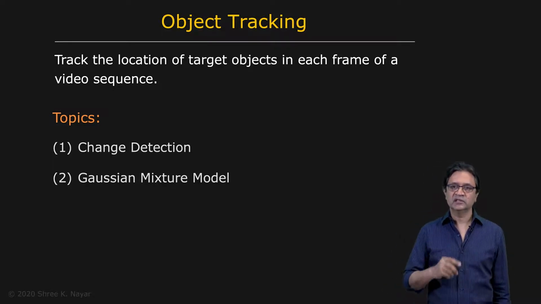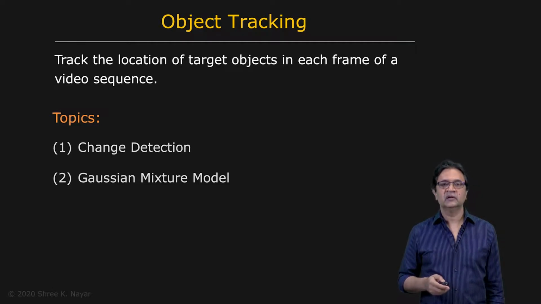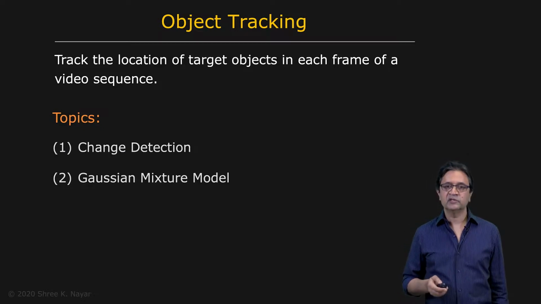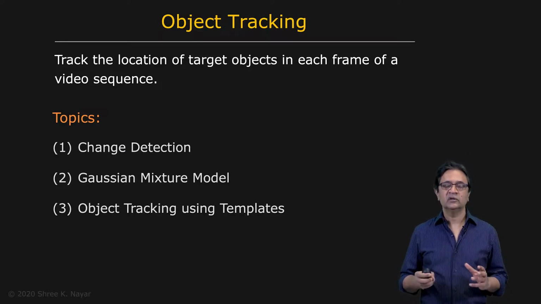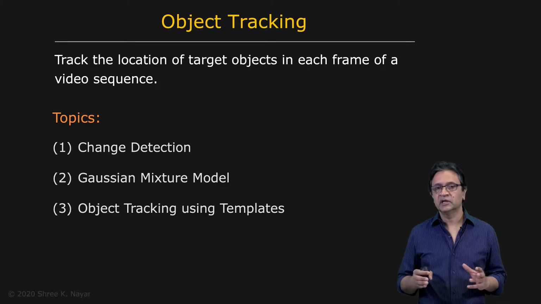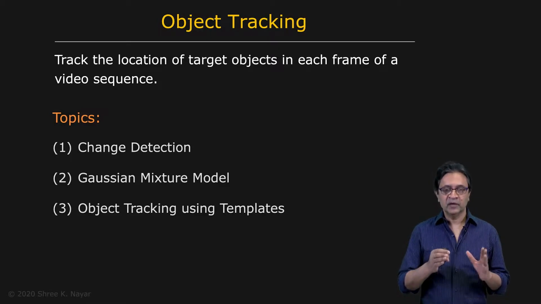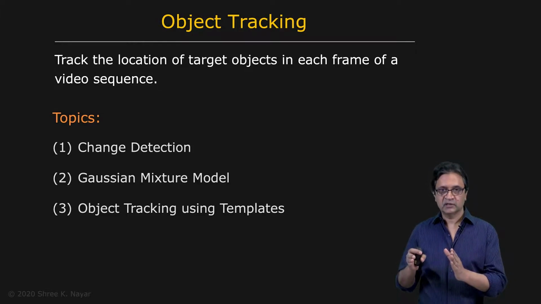So with change detection in place, we'll look at ways to track objects over a video sequence. And the first method is sort of a commonsensical method, which is to essentially look at the object of interest as a template in one frame and try and apply template matching to find where it ends up in the next frame.